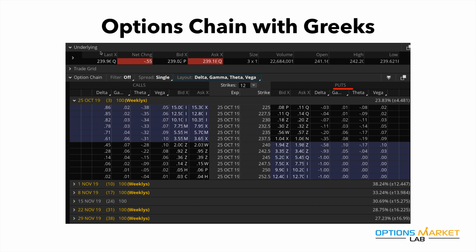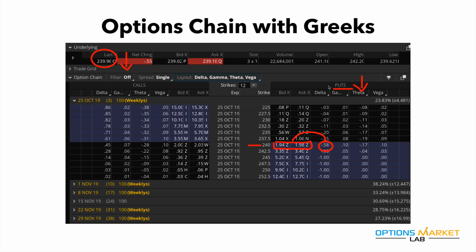Now from $239.96, and we entered the 240 strike put contract for about 194 or 198. This is telling us that every $1 move on the downside, because puts are when we are anticipating stock is going to go down, we add 58 cents onto our premium.